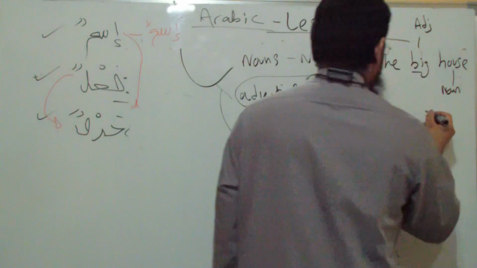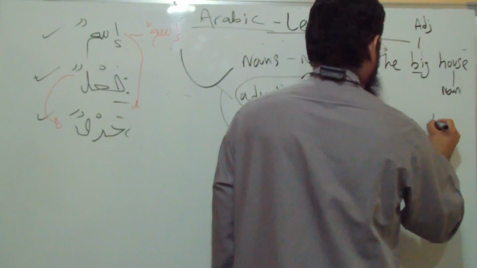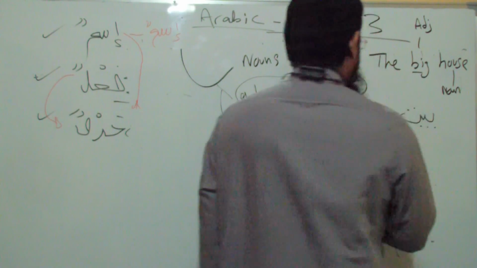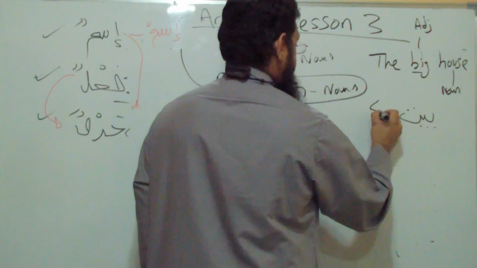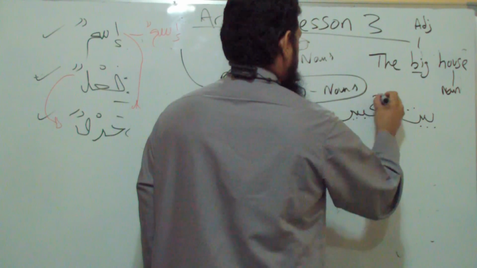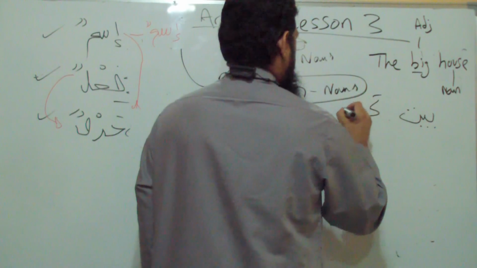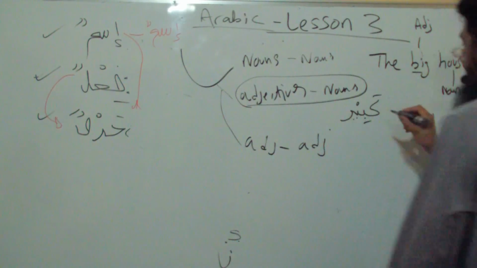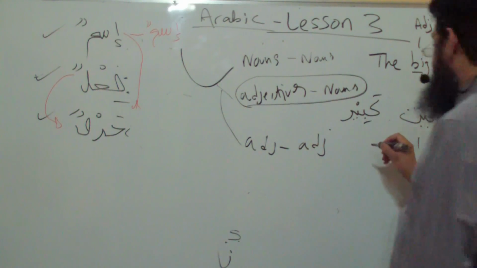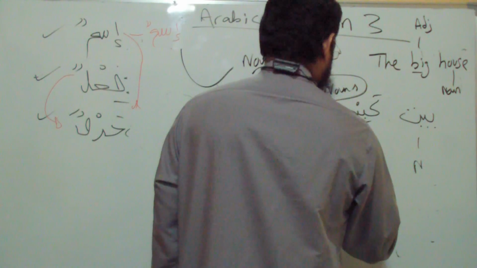So as Tabaraka said, we had bait, and then we have kabir. Okay, so we have bait and kabir. These are the two ismun, bait being the noun, and kabir in this context being the adjective.